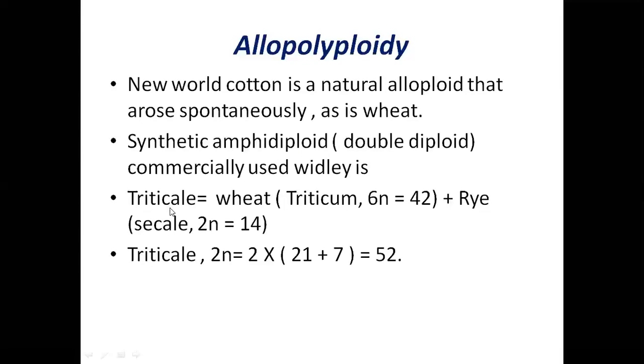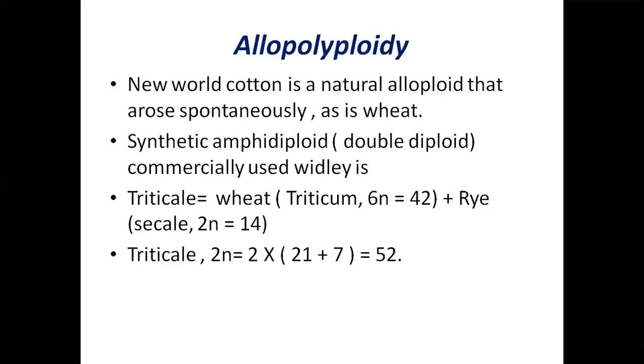This triticale is an amphidiploid between wheat, which has 42 chromosomes, and the rye plant that has 14 chromosomes. Hence, triticale is an amphidiploid, a double diploid.